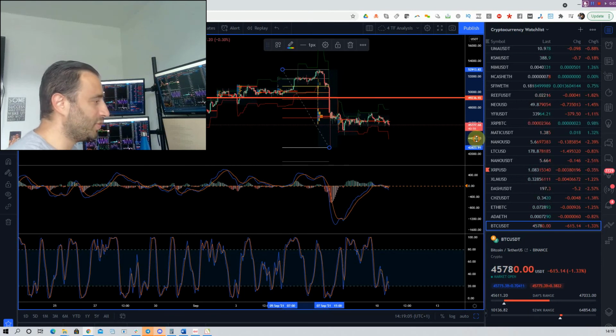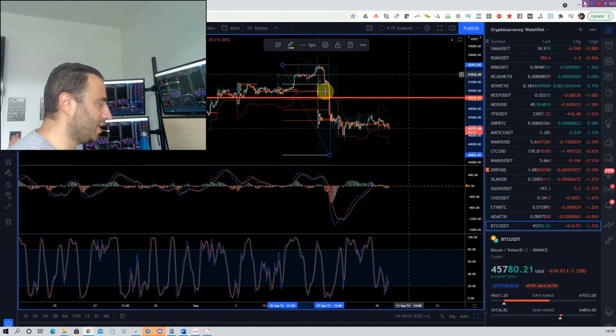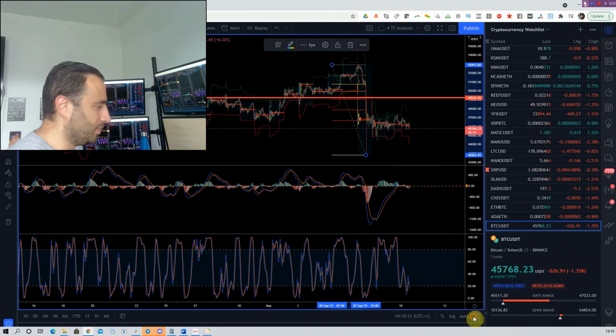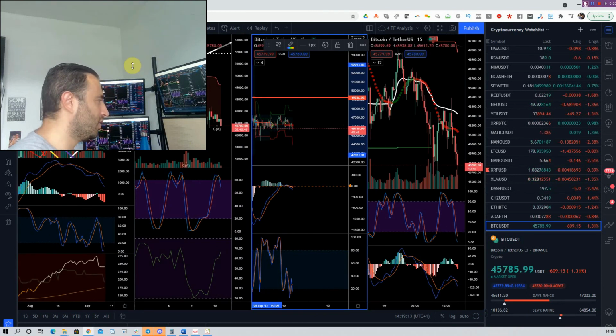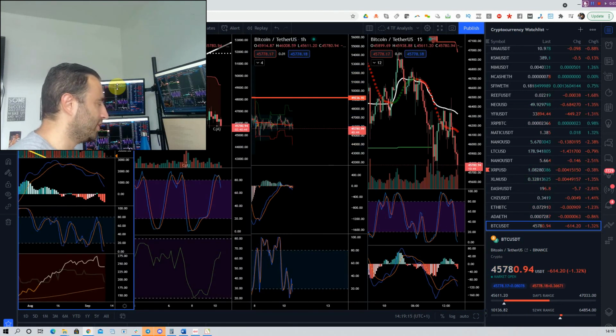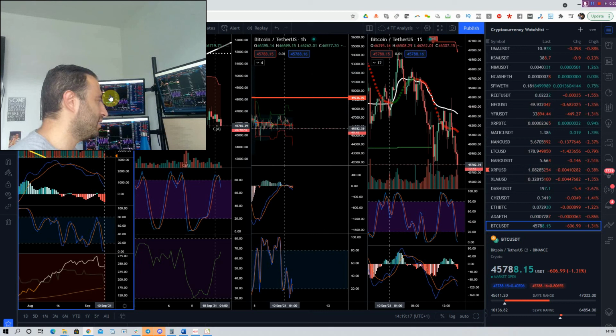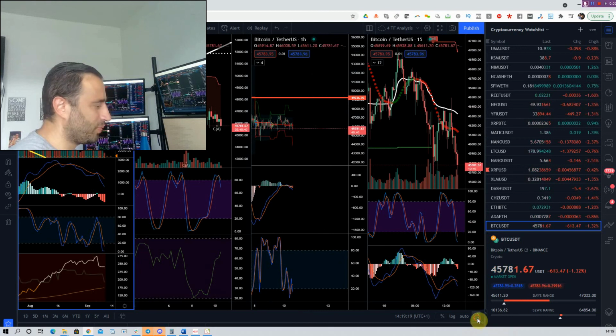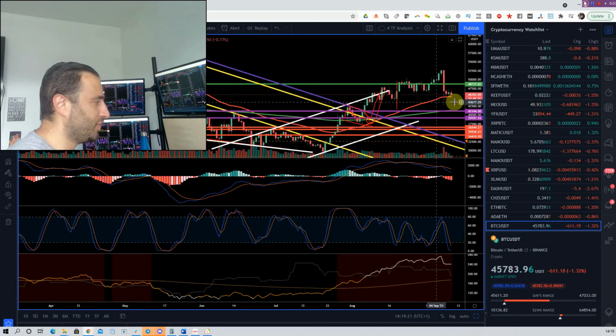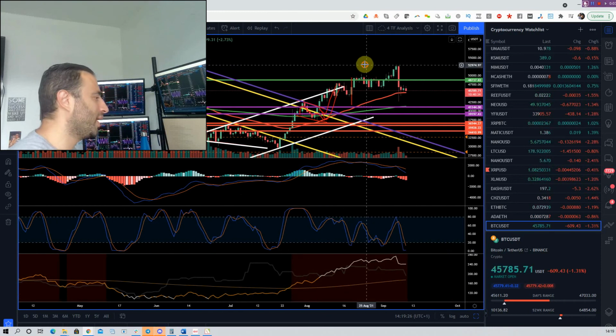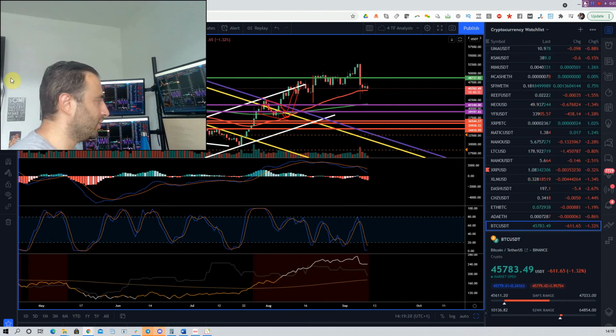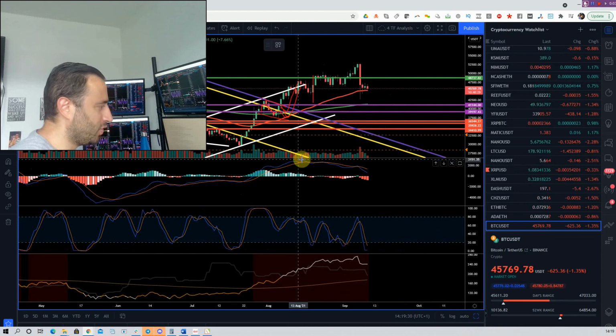So I do think right now it's difficult to predict the long-term picture, and it's very probable that this 50 EMA is going to act as some form of support.